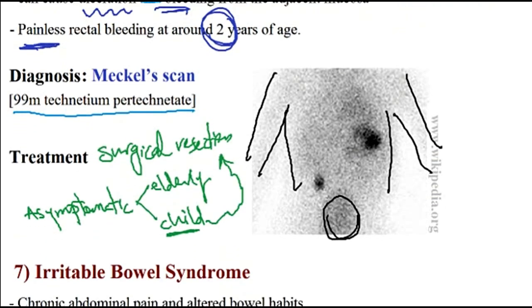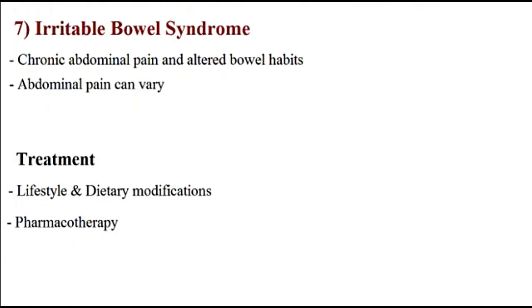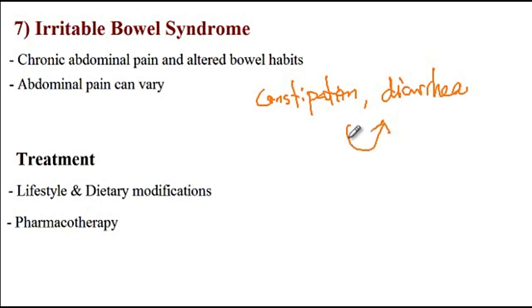The next and final condition is the irritable bowel syndrome, which is presenting with chronic abdominal pain and altered bowel habits in the absence of any organic causes. And so with the altered bowel habits, these patients may present with constipation, or they may present with diarrhea, or they may keep on switching back and forth between constipation and diarrhea.